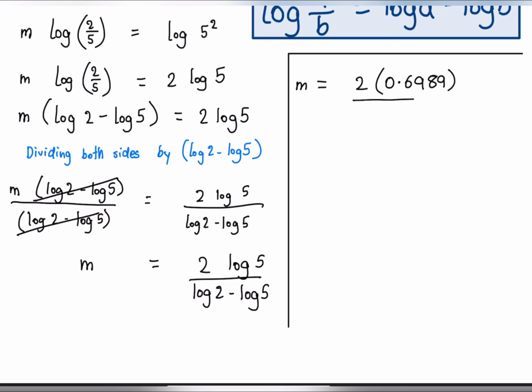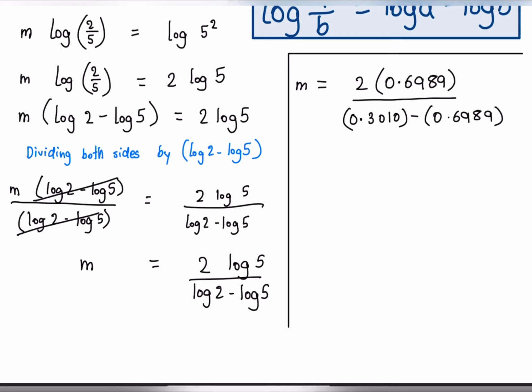And then on the denominator, we have log 2. Log 2 gives us 0.3010, minus log 5 again, which is 0.6989.